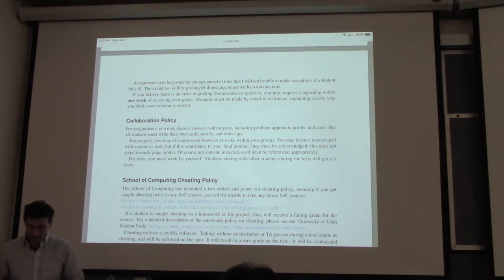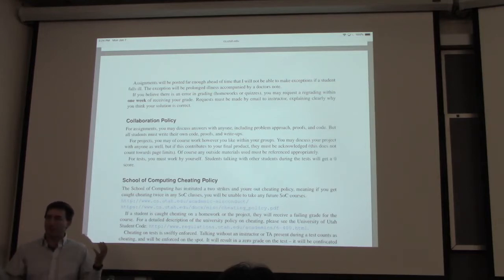In general on the homeworks, I encourage you to work together, but you should write up your own solutions and write your own code. This is the standard sort of thing. Otherwise, you're not going to learn. This is for your own good. If I catch you cheating, unfortunately there are consequences if you're doing more than just working together on it. On tests, they'll be in here.